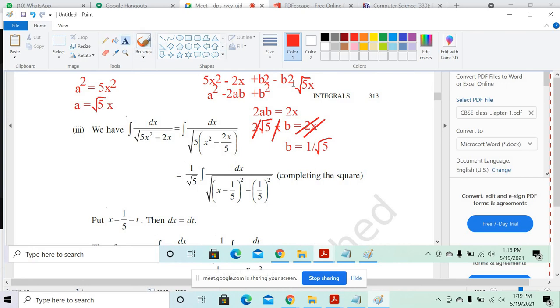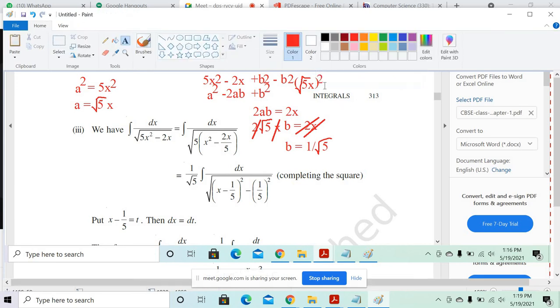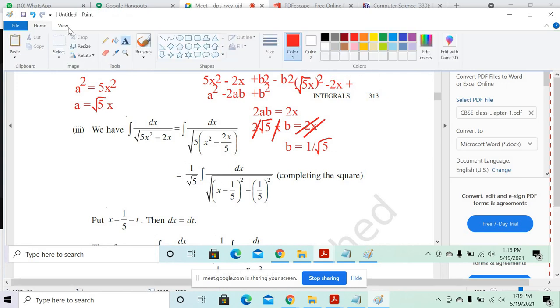So let's put this part root 5x whole square minus 2x plus 1 by root 5 whole square, isn't it? Yes, sir.